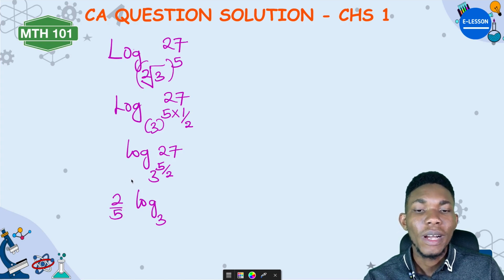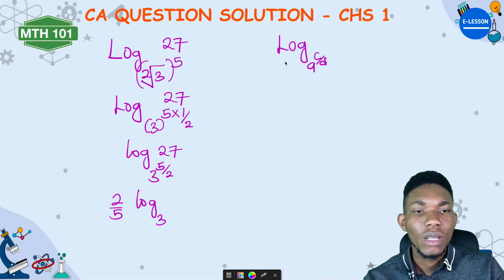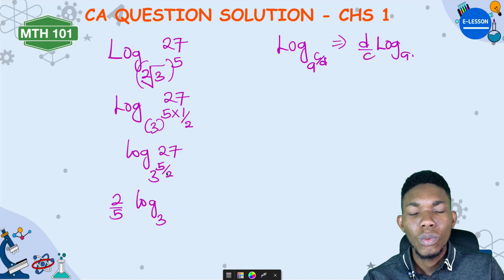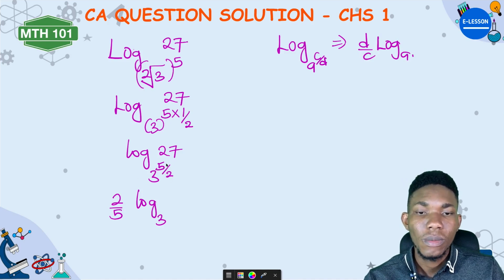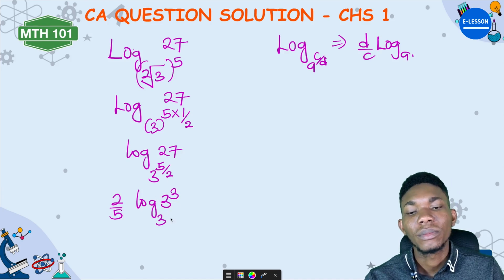It turns to 2 over 5 according to the law of logarithm, that if you have log to base A of, let's say, C over D, if it crosses to the back, it's going to give us D over C log A. Is that okay? So when it crosses to the back, the numerator becomes the denominator and the denominator becomes the numerator. And then 27 can also be written as 3 to the power of 3.